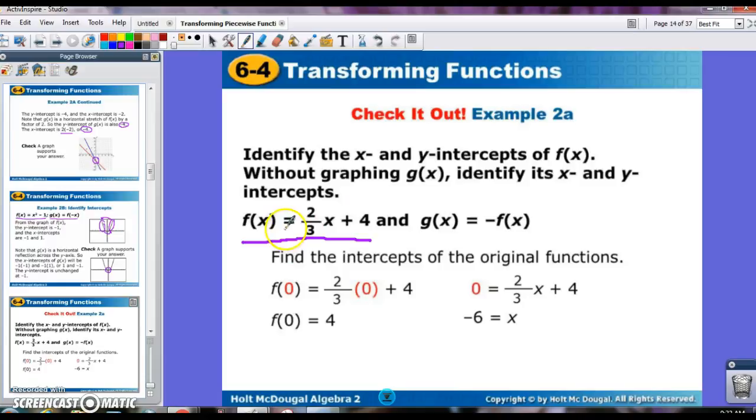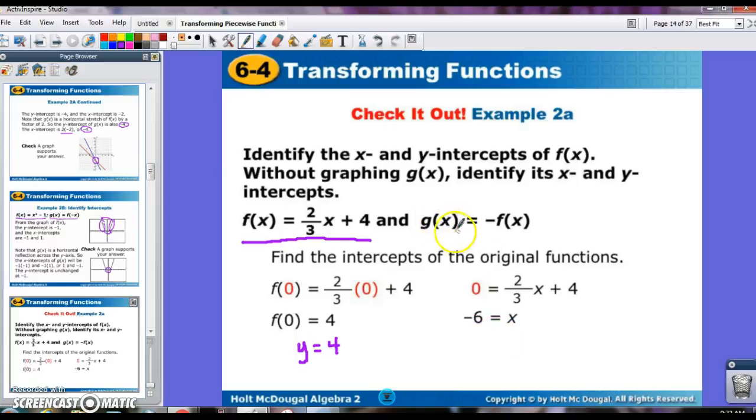To find our y-intercept, we set x equal to 0, so that's what we did down here. When we set x equal to 0, we end up with y equal to 4. That's our y-intercept. Then to find the x-intercept, we set y equal to 0 and solve that, and we get x is -6. Those are our two intercepts.